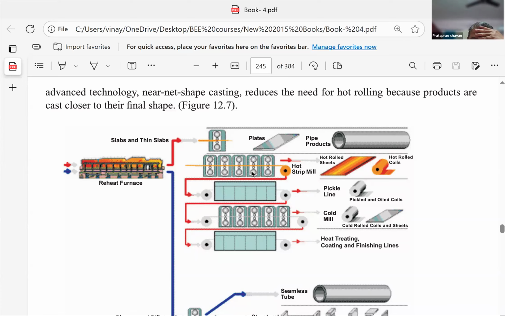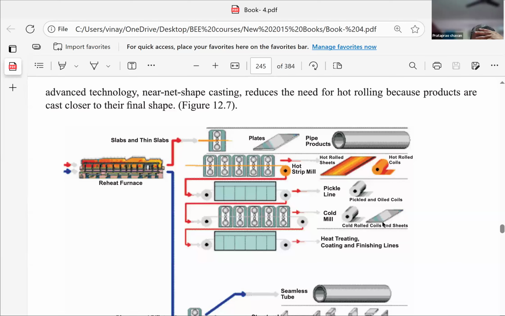These are called hot strip mills, which produce thin plates, hot rolled plates, sheet plates. Sometimes they are so thin they are wound like cellotape into round bundles. You must have seen on very large trailers going by road these very heavy bundles of steel roll mill.